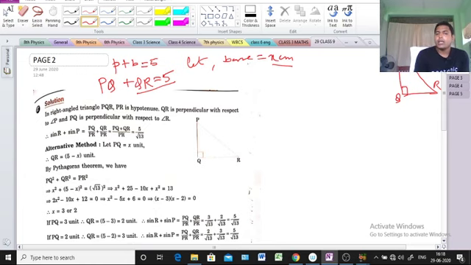So that's why we consider base equal to x centimeter. Since base is x centimeter, perpendicular equals 5 minus x or not? Because the total is 5. If one side is x centimeter, another side will be 5 minus x centimeter. Clear?